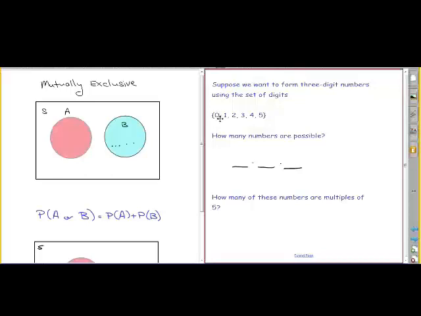What about 0? Can you use 0? Yeah. So if you put a 0 in the first place, it's not a 3-digit number. So you really only have 5 digits. So you have 1 through 5. And then the next one, you can use 0 through 5, so there's 6 of those. And you can use 0 through 5, so there's 6 of those. And if you multiply that together, you'll get how many 3-digit numbers you can create using those numbers.